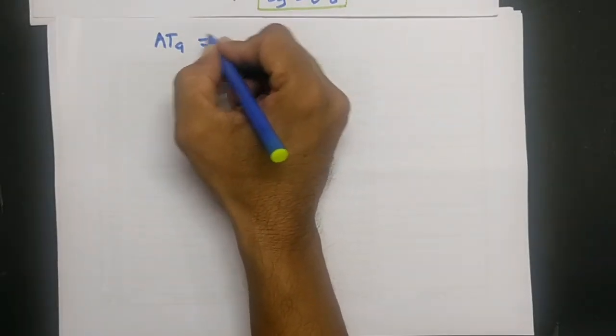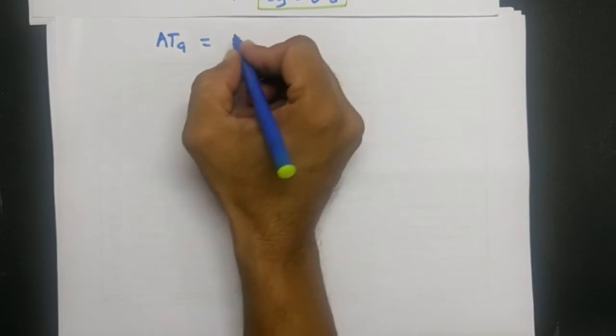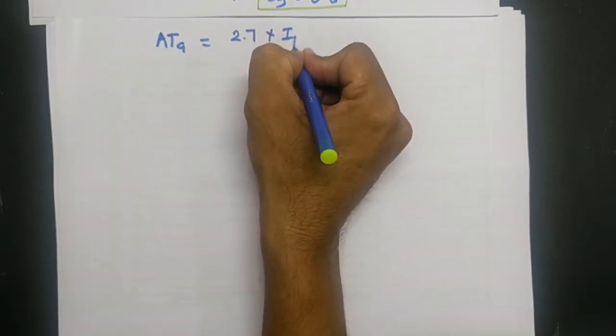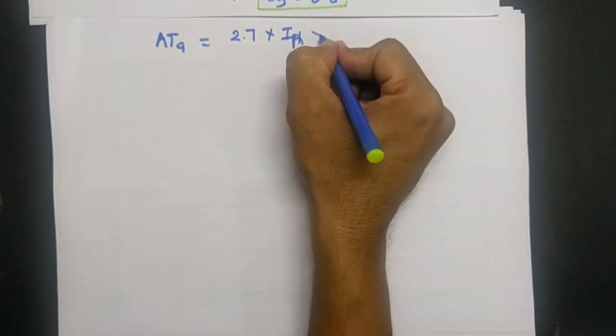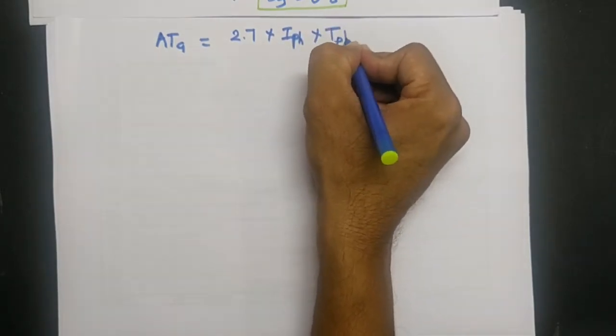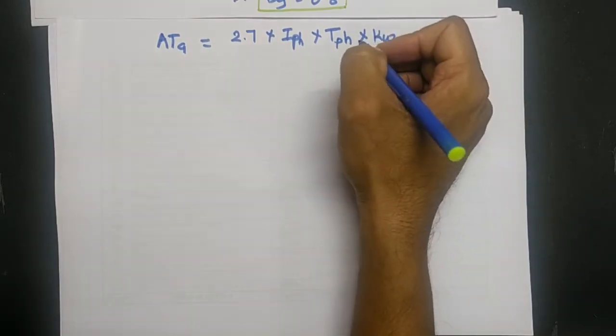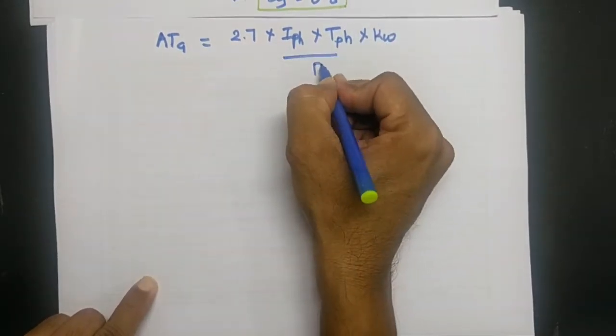To find the ampere turns of the armature, we have an equation: 2.7 multiplied by current per phase multiplied by turns per phase multiplied by kW and divided by number of poles.